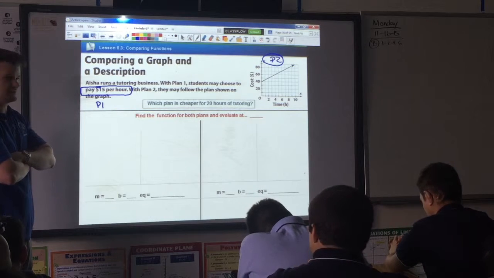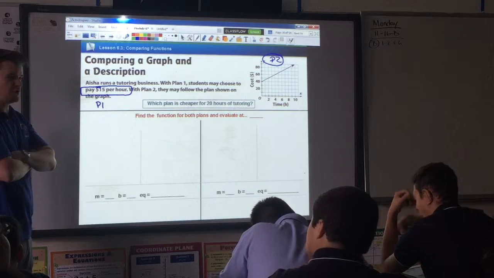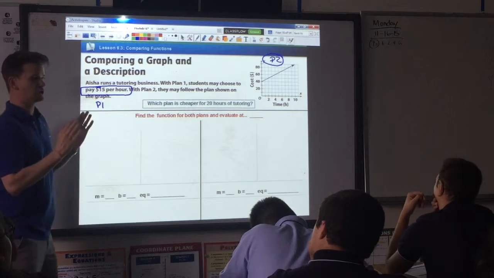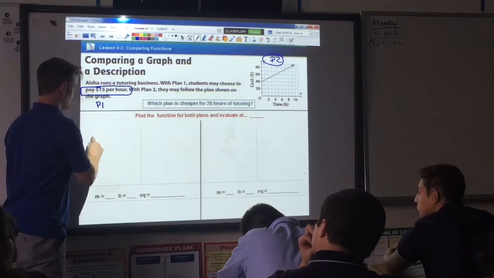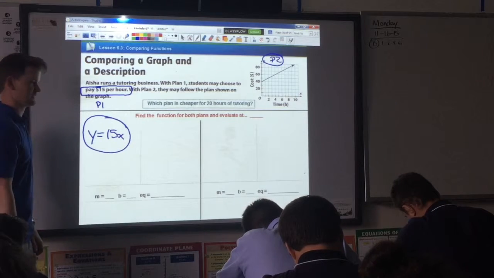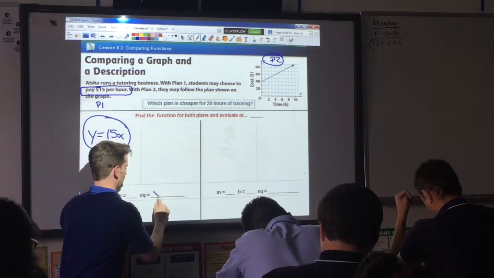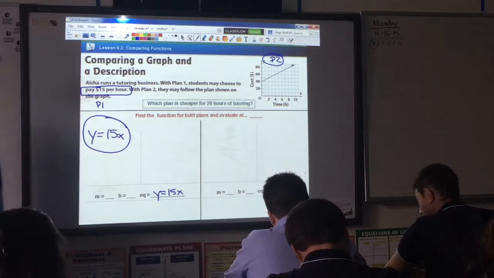There's nothing else there. She doesn't say anything about a fee for plan A. She doesn't say anything about an initial startup or registration, nothing. All you're doing for plan 1 is paying $15 per hour. So you write this out as y equals 15x. It's just that simple. No y-intercept. If you're not getting tutored under plan A, you're not paying anything.